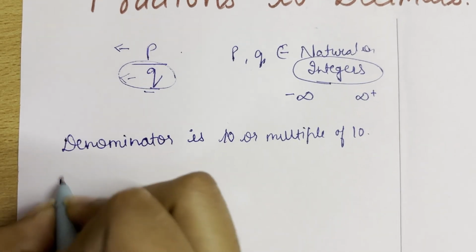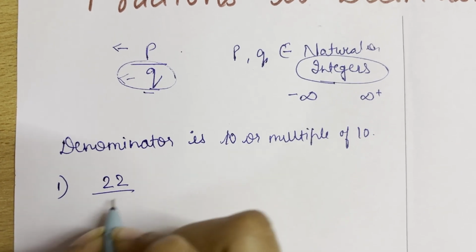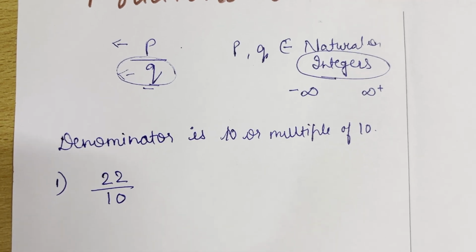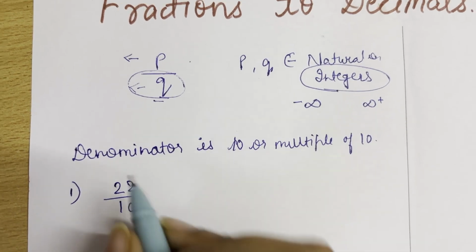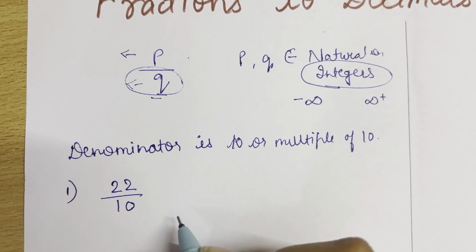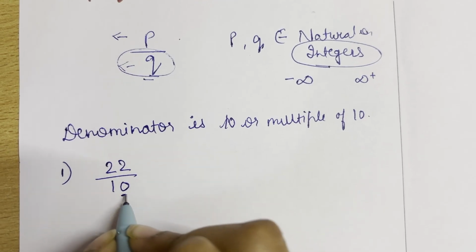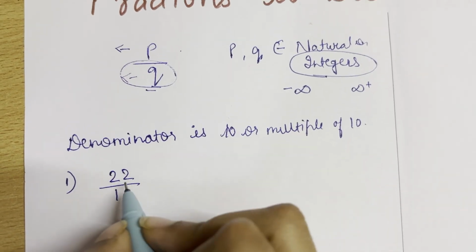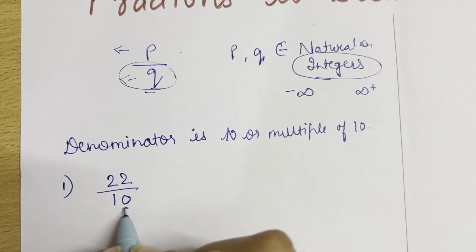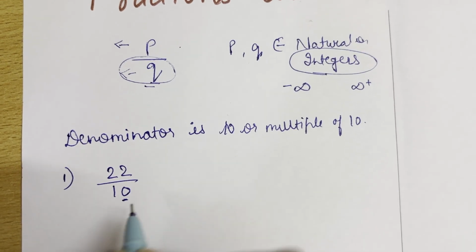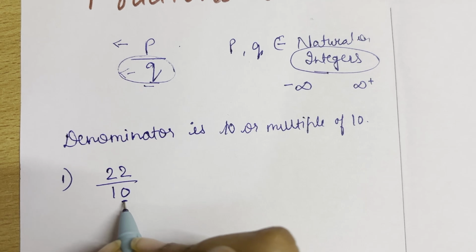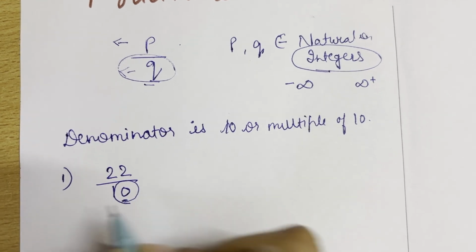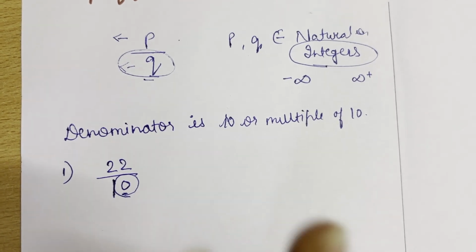Let's say if I take 22 upon 10, this is a fraction. Okay, how should I convert it to decimal point? When the denominator is 10 or a multiple of 10, here it is 10, the first step will be to count the number of zeros from the denominator. Here, the number of 0 is 1.